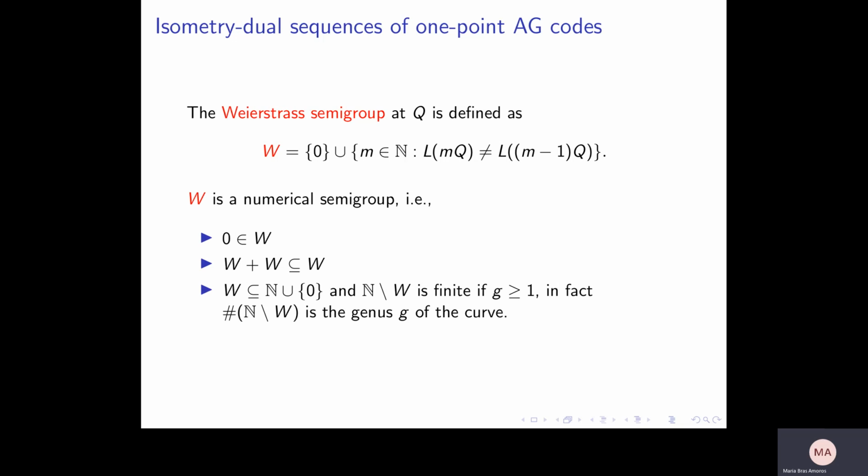The Weierstrass semigroup is indeed a numerical semigroup because it contains 0, it's closed under addition, and the complement of the Weierstrass semigroup in the set of positive integers is finite. In fact, the number of elements in this complement is exactly g, which is the genus of the curve.